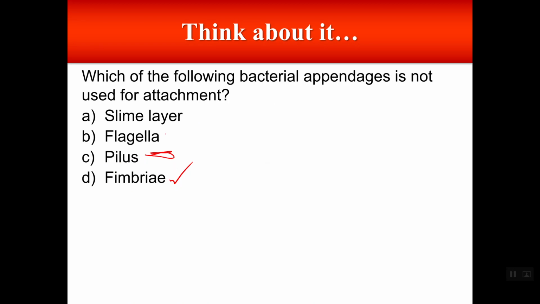Flagella were more about movement, and slime layer was definitely attachment. Now, a lot of times people think about attachment in terms of attaching to surfaces, but if you remember, the pilus also allows for the cells to attach to other cells, so technically that falls into attachment. So our correct answer would be flagella, because that is for motility and not for attachment.